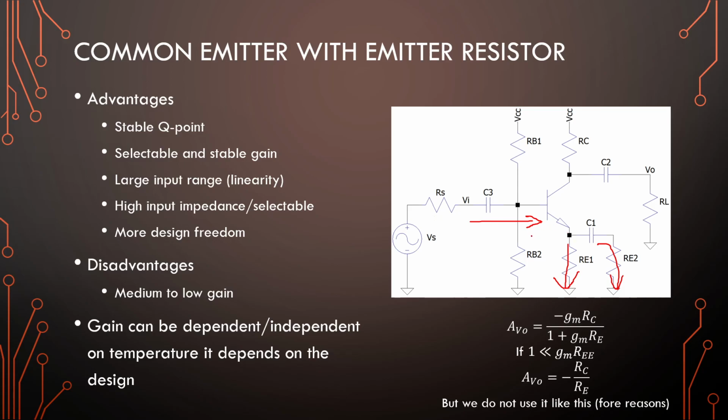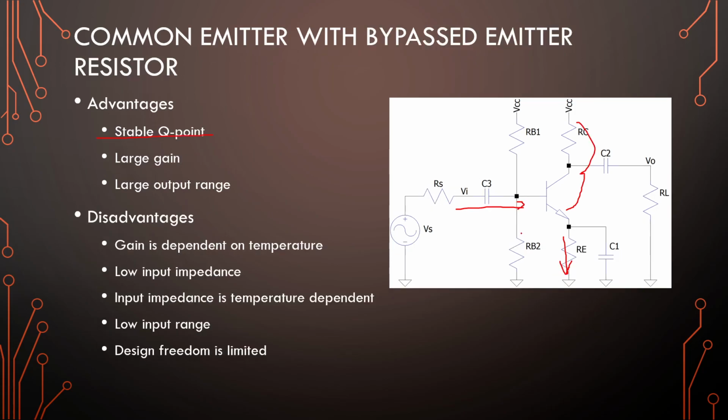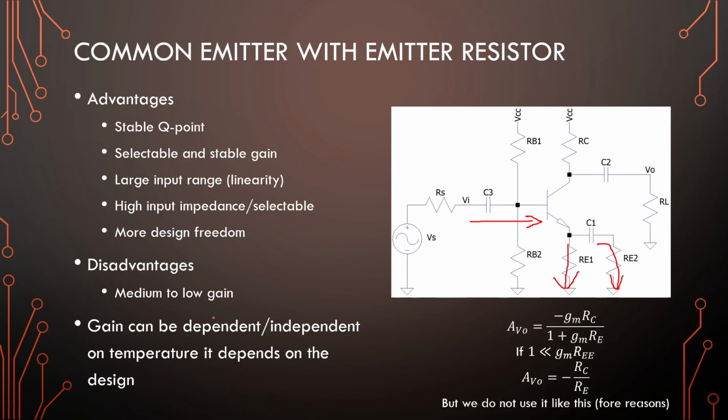It also makes that we can typically select our input impedance. So overall, having this resistor extra gives you more design freedom. The disadvantage is that its gain is decreased from the previous amplifier. Okay, so medium to low gain designs.